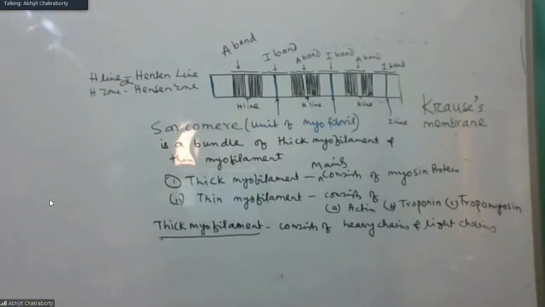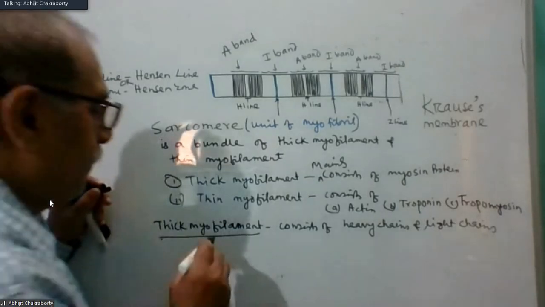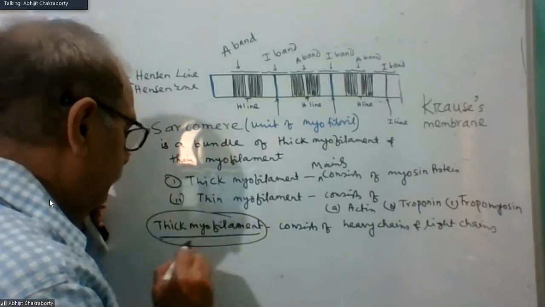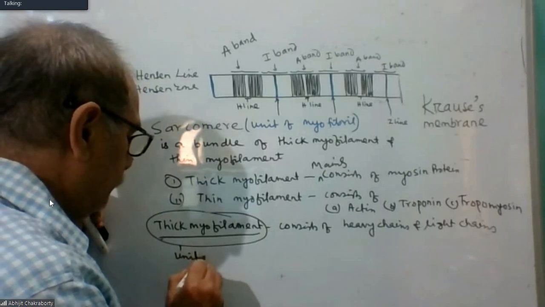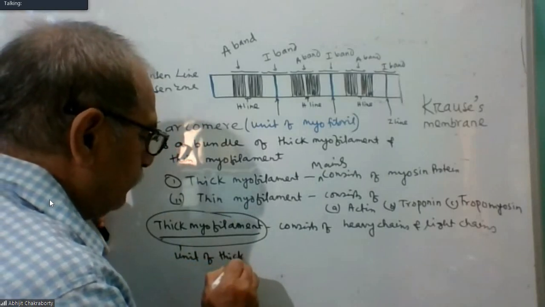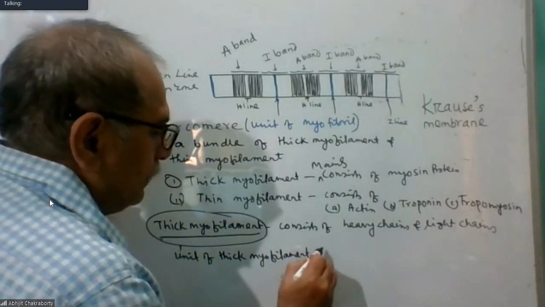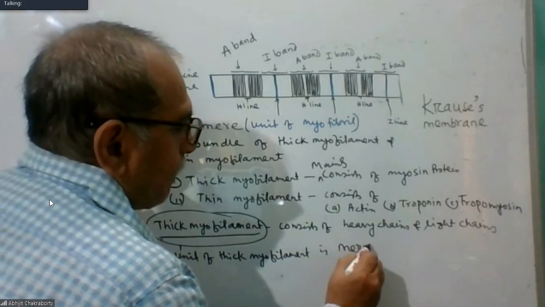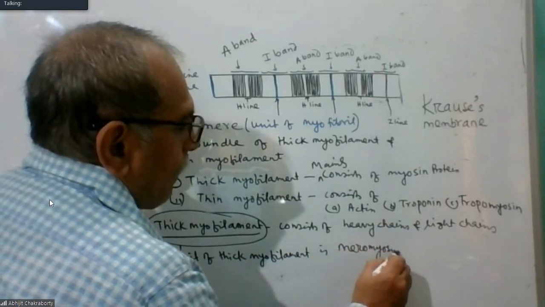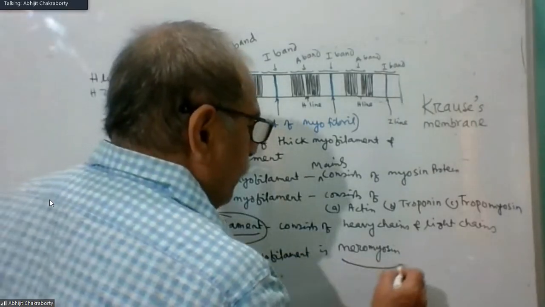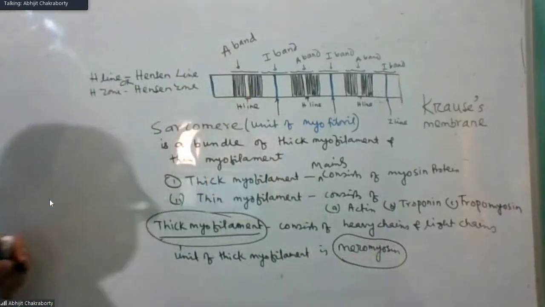You can say the unit of thick myofilament is meromyosin. Unit of thick myofilament is meromyosin.